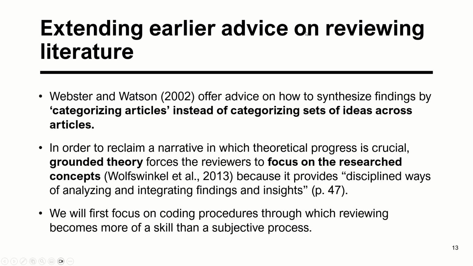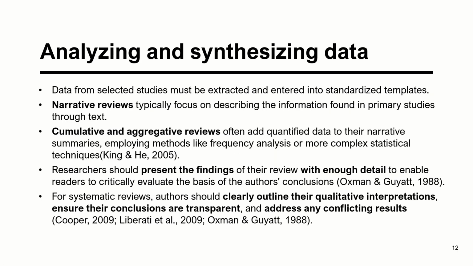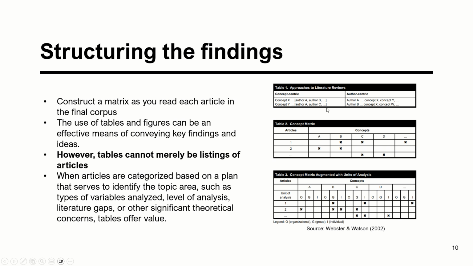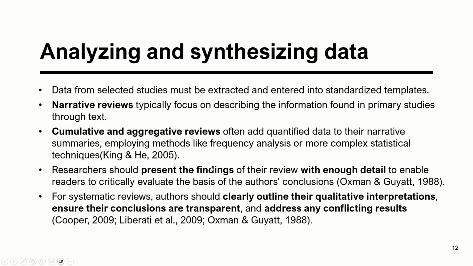Now, when we look at what the advice on reviewing literature has been and extending it, Webster and Watson in 2002 offered advice on how to synthesize findings by categorizing articles. So that's the one we were looking at, right? Instead of categorizing a set of ideas across articles, you were categorizing the articles itself, which is where you developed a concept matrix of sorts.